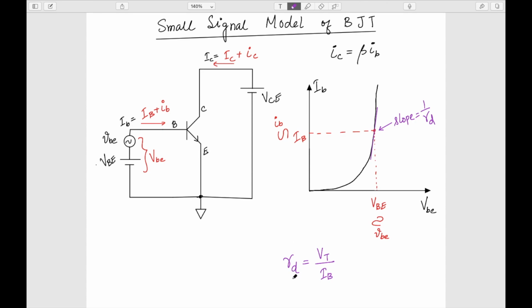Of course, instead of RD, because we are now dealing with a transistor, we will use another subscript, R pi, just to distinguish that this is for the transistor, not for the diode. R pi and RD are the same, there's no difference. You can see that the expression is the same.